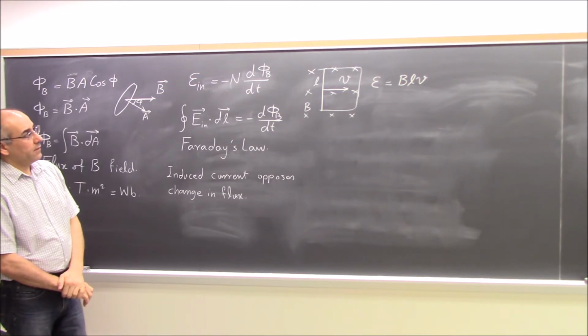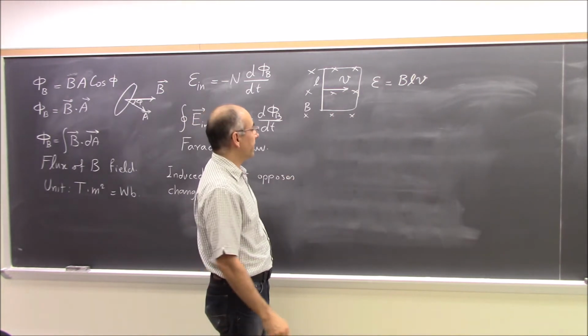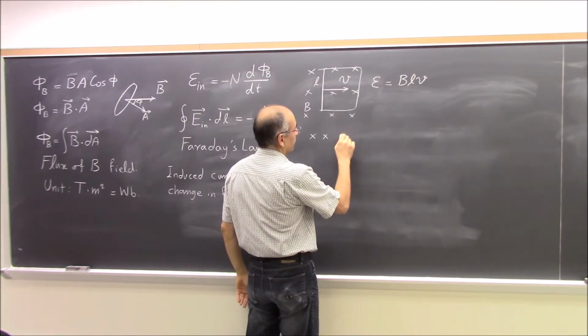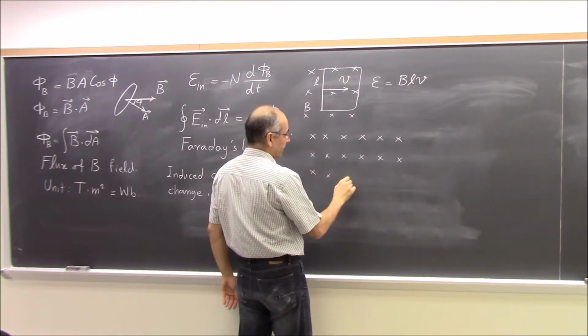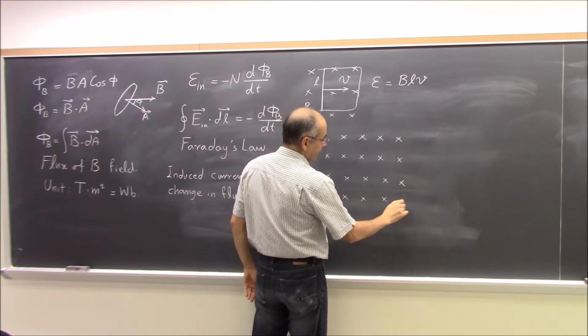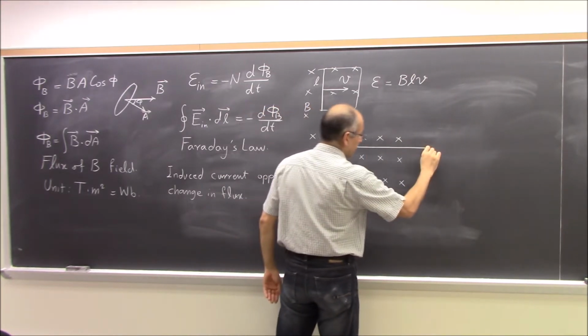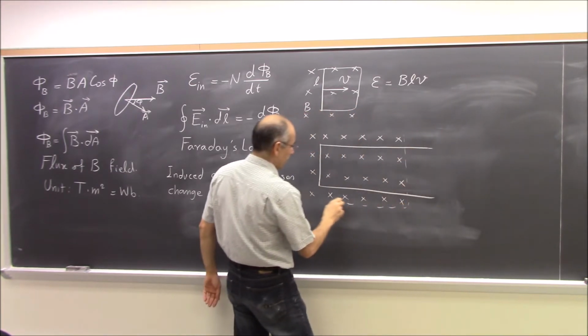And there are some energy considerations that I want to go over here. Let's say now you have a loop of wire in a uniform magnetic field going into the page. Part of the loop is in the magnetic field, and the magnetic field only is here.